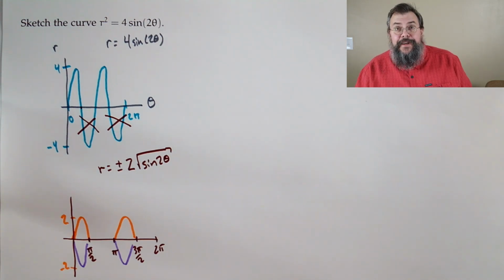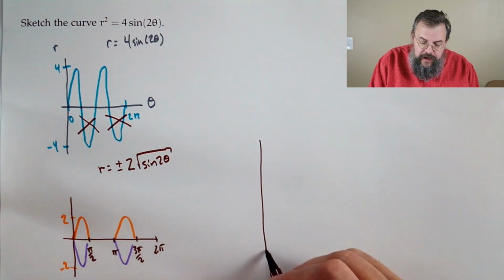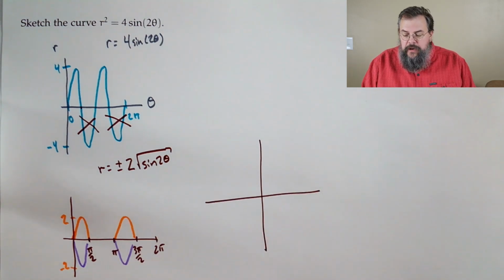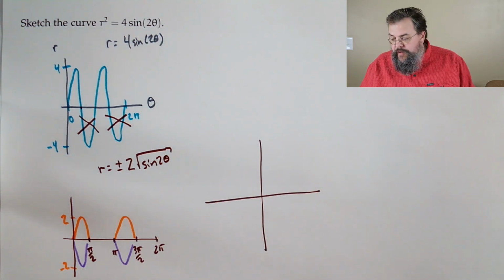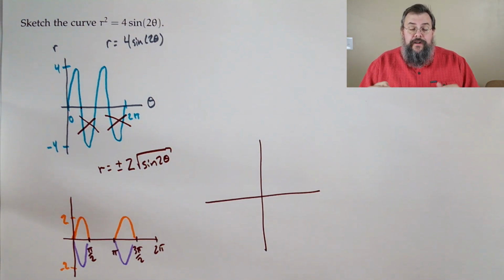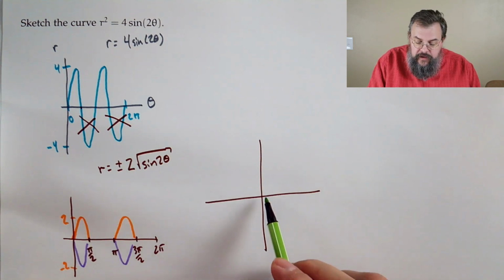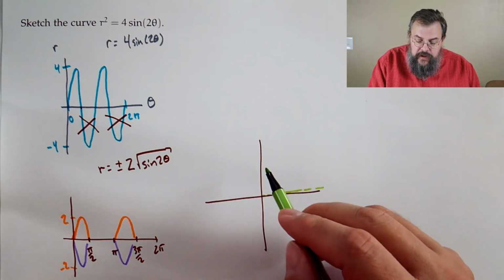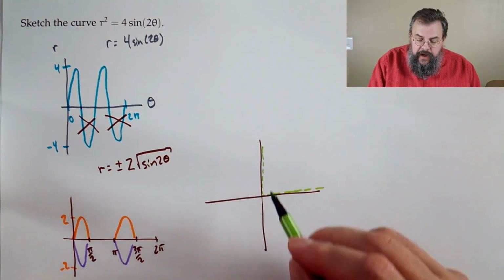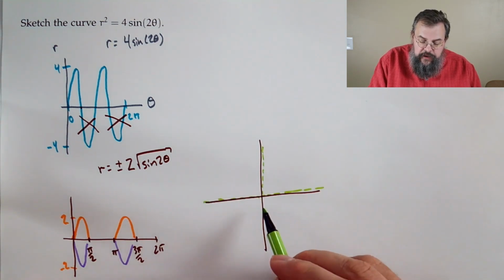So what does the graph look like? Well, to see that, we translate and ask what's happening. If we look at the angles that are interesting, where do we come into 0 or out of 0? At 0 and pi halves, and at pi and 3 pi halves.